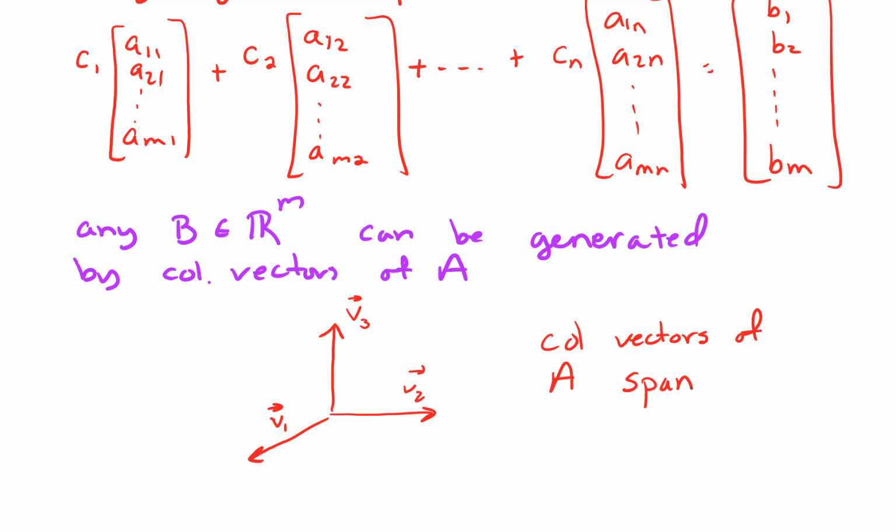Okay, and so no matter what B I pick, let's say there's a B, we could certainly generate that B because these column vectors of A span the entire space.